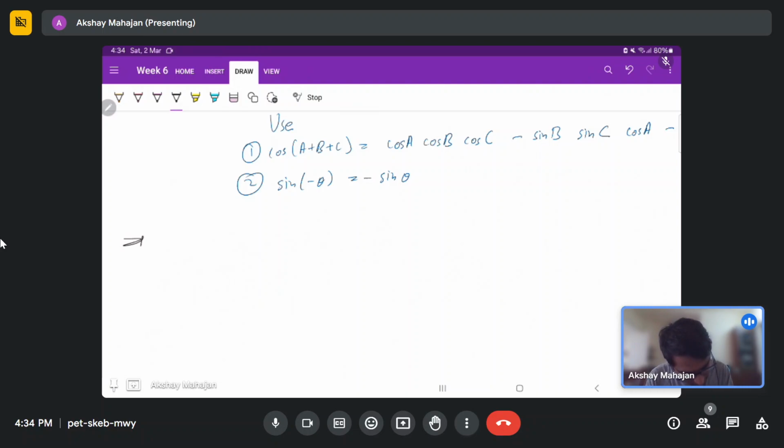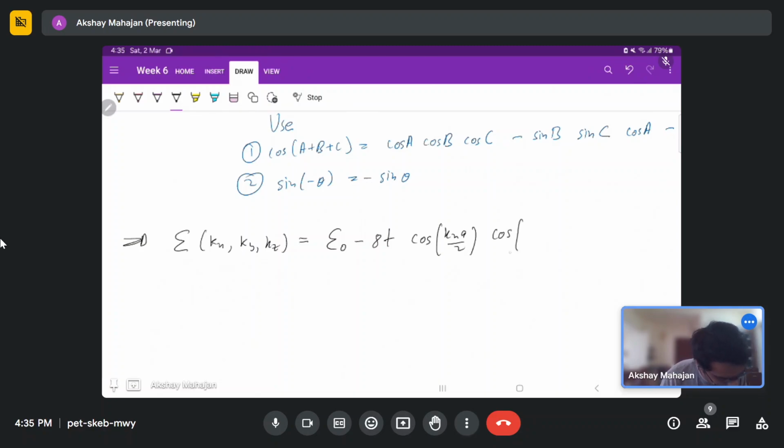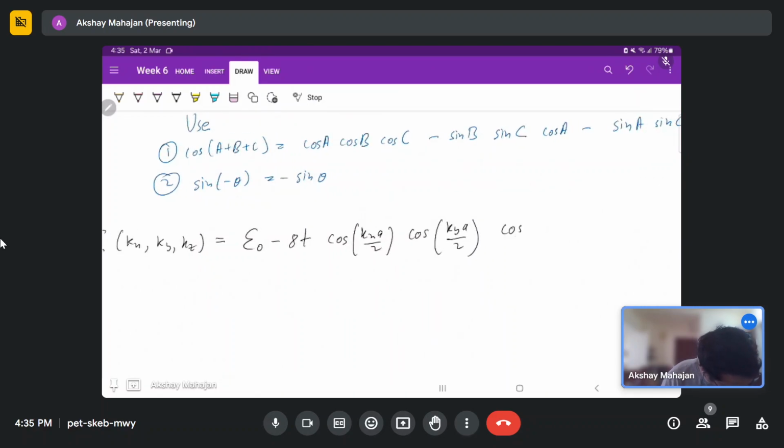So basically, if you just use these two relations for the cosines, your final answer will be epsilon of kx, ky, kz equals epsilon naught minus 8t cosine of kx a by 2, cosine of ky a by 2, and cosine of kz a by 2.